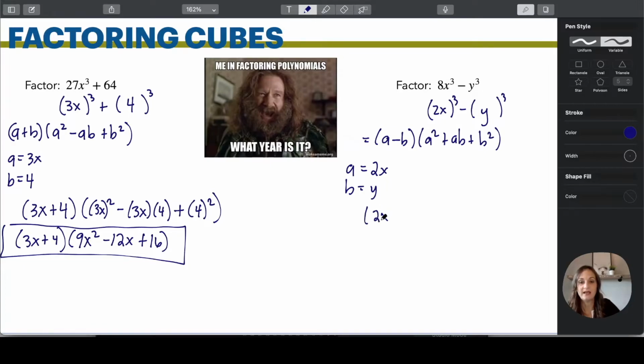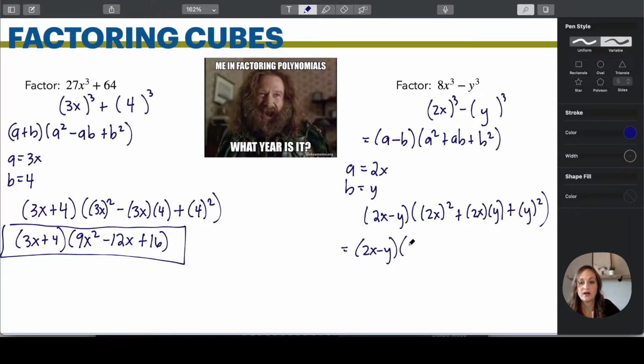So a minus b, and then a squared plus ab plus b squared. And now that I've plugged in a and b, I can now simplify. So I'll be left with 2x minus y.